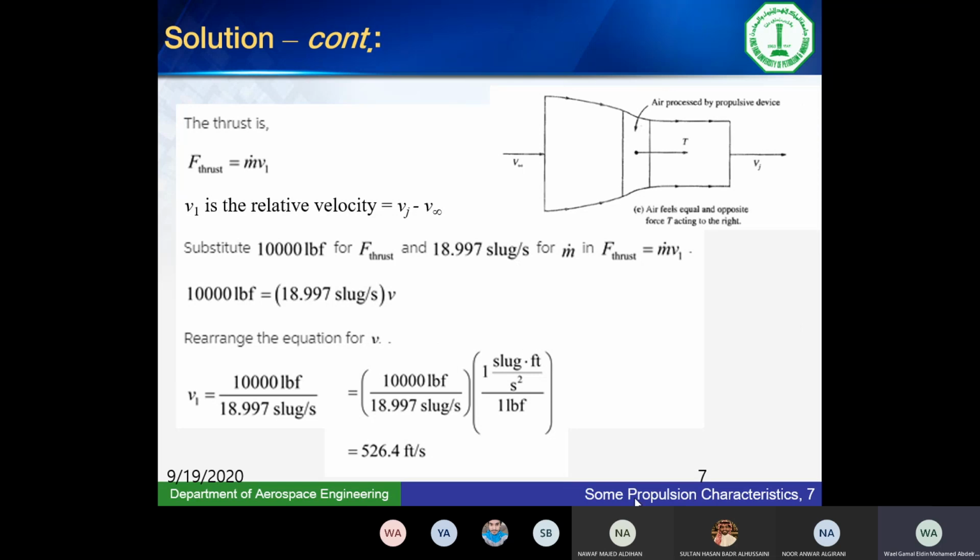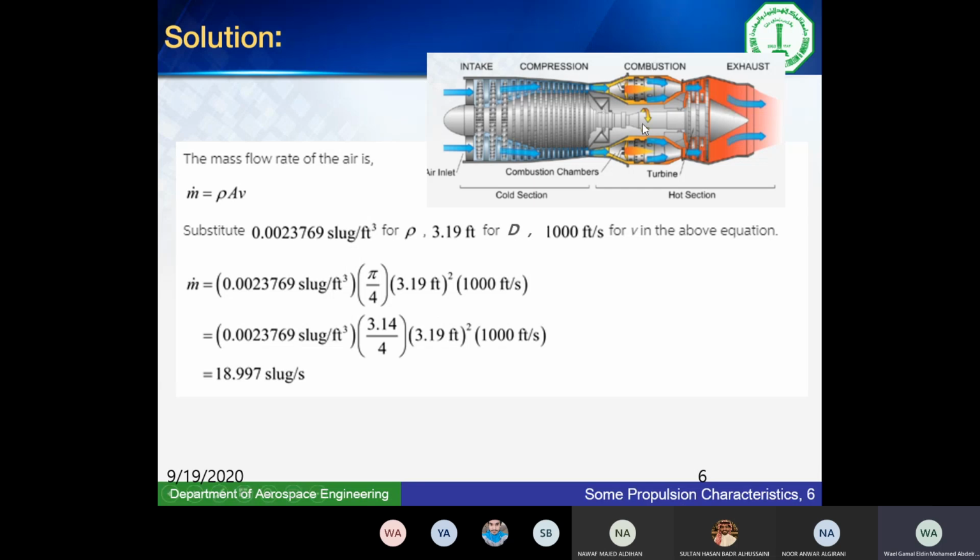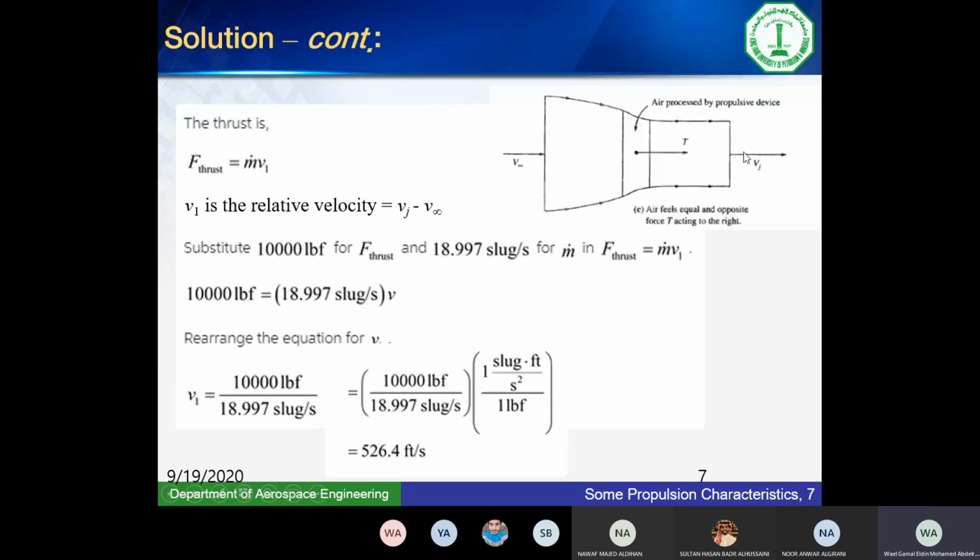So in the engine, there was power that was generated by the burning in the combustion chamber. Not all that power translated to thrust. Why is that? Because some of this power has been lost simply to increase the speed here. If you take a snapshot of the air in here, it has a speed of 1,000. If you take a snapshot of the air out here, it has a speed of 1,526.